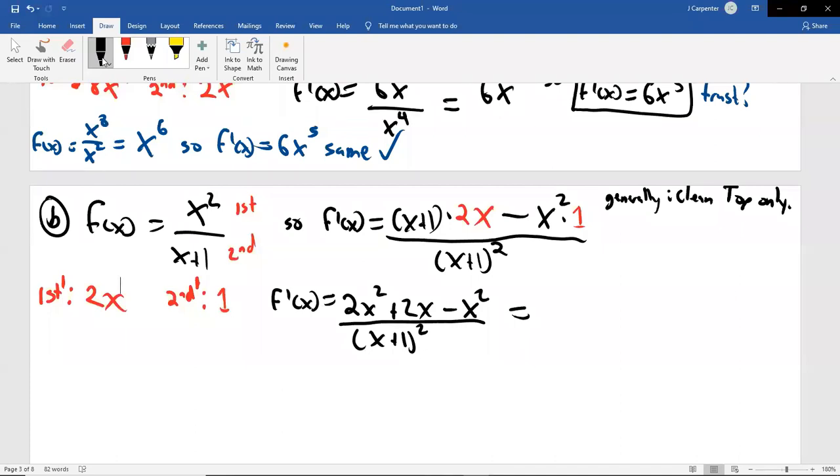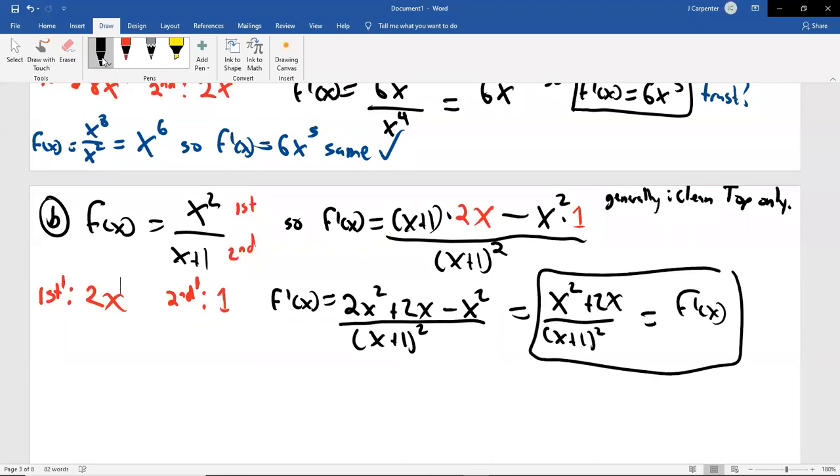There are like terms, 2x squared minus x squared, that's 2 minus 1, which is 1. So that's just 1x squared, then the plus 2x, over the bottom, which is x plus 1 squared. That's our f prime of x. That's our derivative function, the function that dictates the slope of x squared over x plus 1.